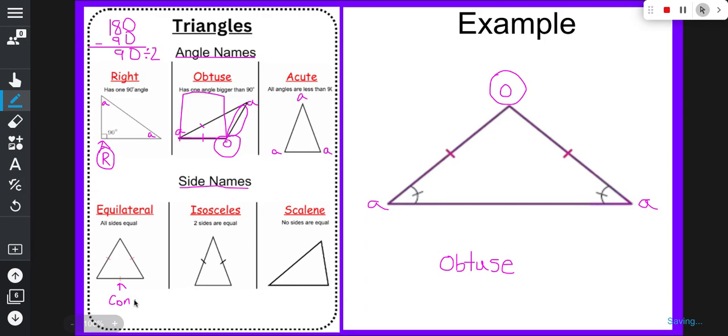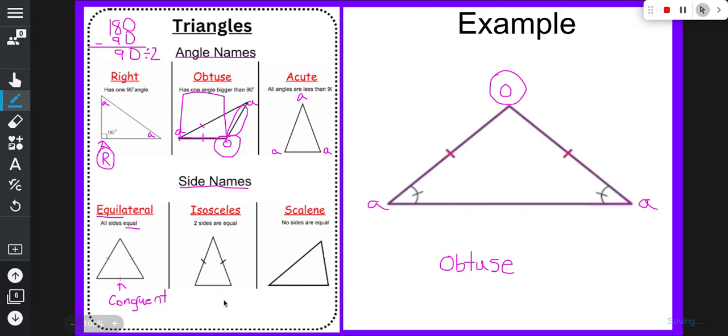Congruent is a math term that means the same shape, same size. So all of these sides have a little dash mark, so they are all congruent. An equilateral has the word equal in it because all sides are equal.